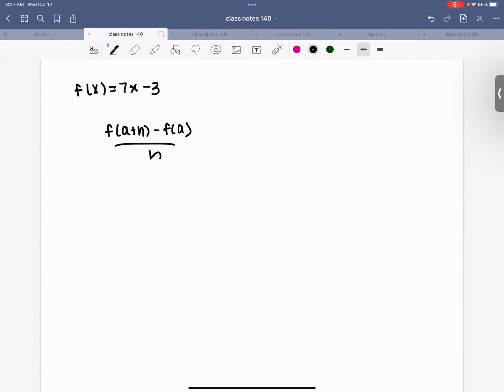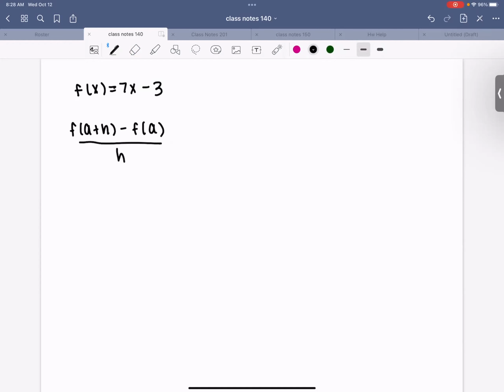So let's go back to what I wrote down here. Let me get you started on this. I'm just going to write this a little bit neater. The reason WebAssign asks you this is because if you ever take calculus, you will see this multiple times throughout the semester.